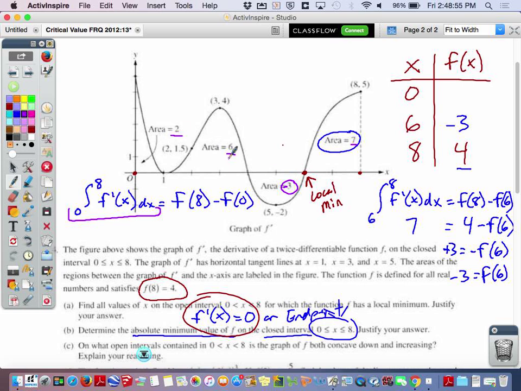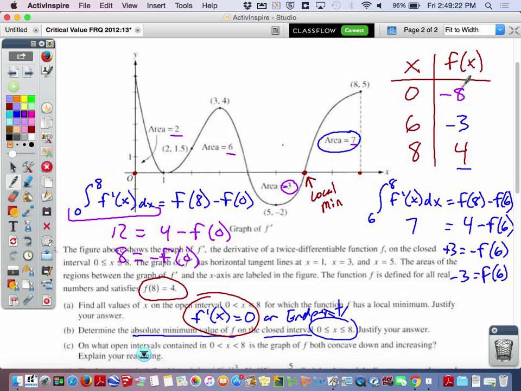2 plus 6 is 8, minus 3 is 5, plus 7 gives me a 12. I know f of 8 is 4, and then I have minus f of 0, and I can solve for f of 0. I'll subtract 4, and I'll get 8 equals negative f of 0, or f of 0 equals negative 8.